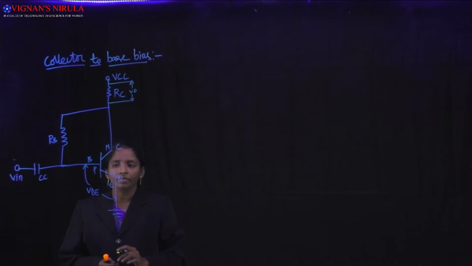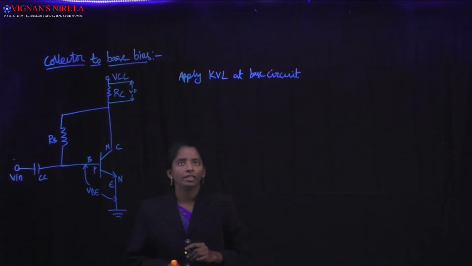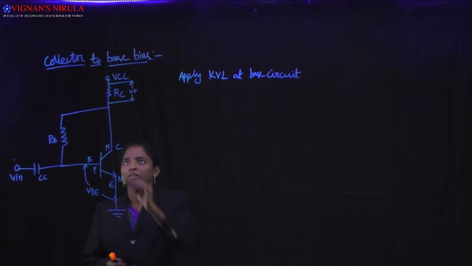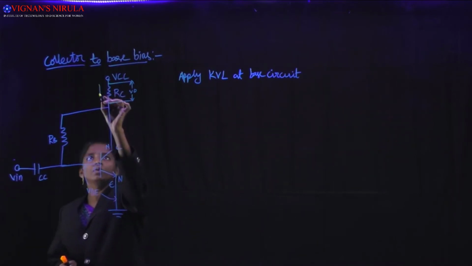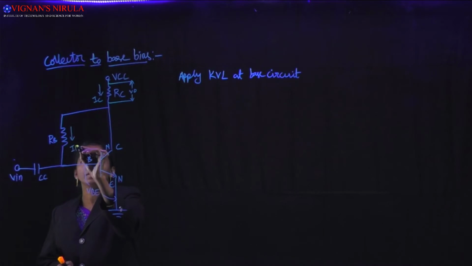Now write the equation, apply KVL at the base circuit. Here the current flowing in RC is IC and the current flowing through RB is represented with IB.